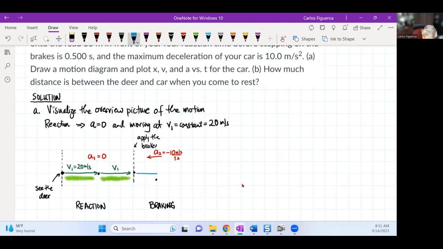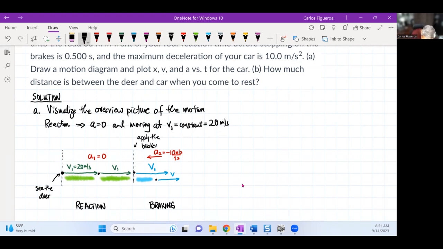Now this is V1, it has the same speed, but look at this interval. It's smaller, so my arrow has to be smaller here. Instead of 3 squares, it's 2 squares.